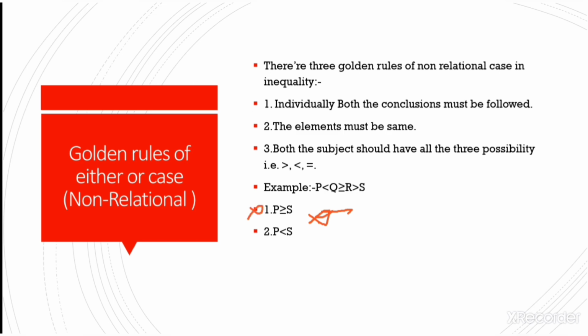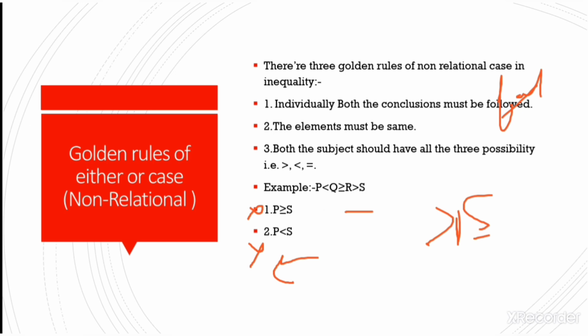And the second is S greater than P. We need to move forward from S to P. If you look again, after S we have the closing gate, you are restricted to move. So in this way this also goes wrong. When both the conclusions are wrong, the first one will be true.